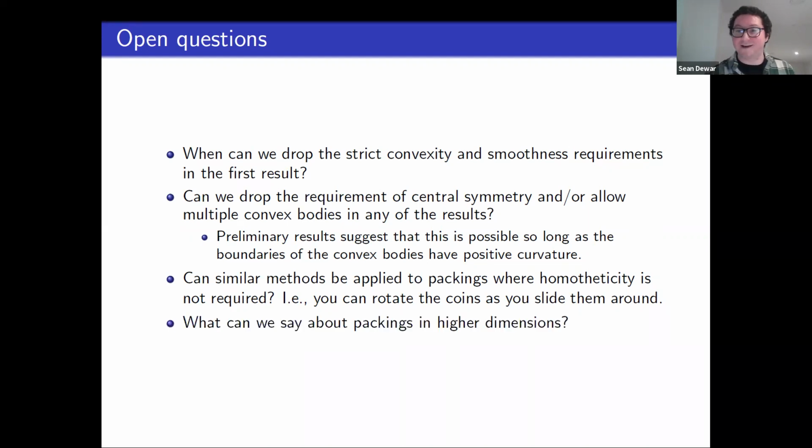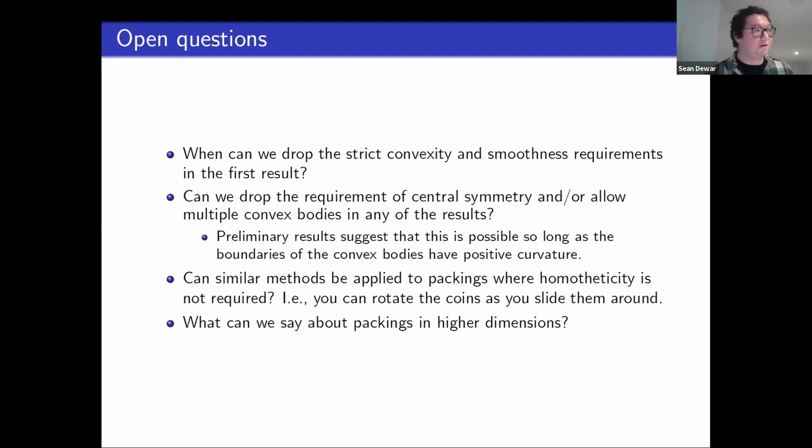And obviously, what can we say about packings in higher dimensions? A lot of these tools are based on ideas of Bob, Lewis, and Shlomo's result that I mentioned earlier. And this result requires some 2D style tools. But it's an interesting question to see, can we use different tools to take this to higher dimensions?